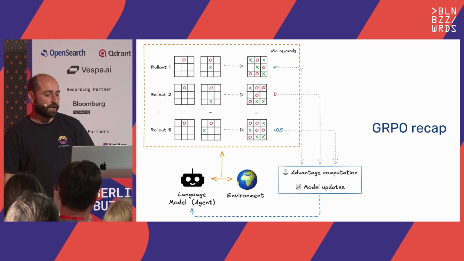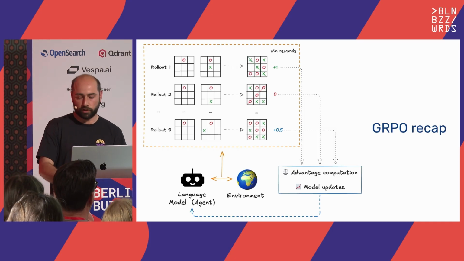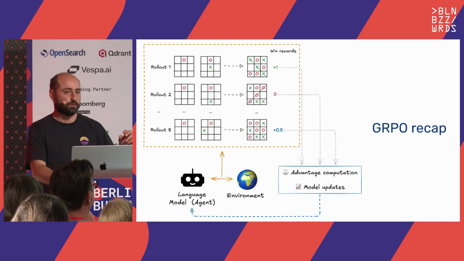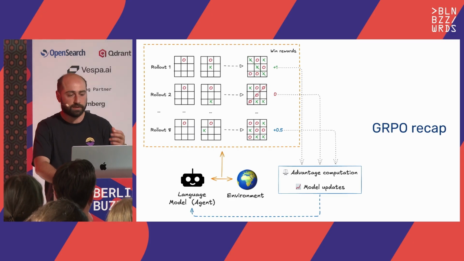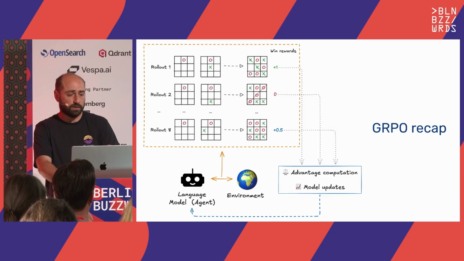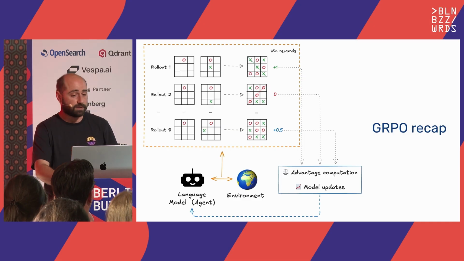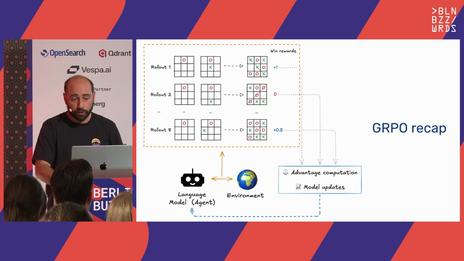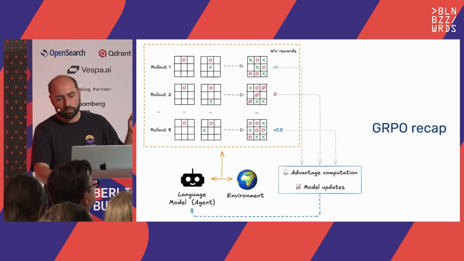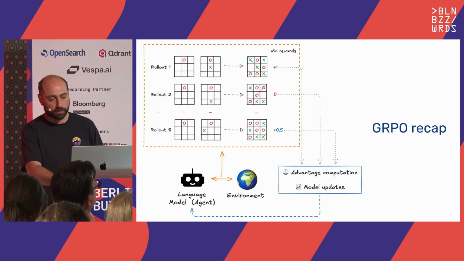So we have this interaction between the language model and the environment. We start from the same initial board and the same opponent skill, and due to variability across 8 games, we could have different results, and we compute the rewards: +1 for a win and 0 for a loss.